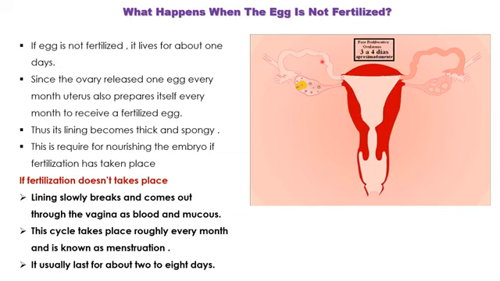Okay, so in that case, the walls of the uterus, which were prepared for the young embryo to nurture, will rupture, they will start coming out, right?